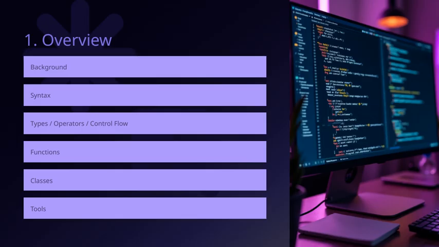We'll also examine functions, which are the building blocks of reusable code, followed by classes, which introduce object-oriented programming concepts. Lastly, we'll touch on some useful tools that can help streamline our development process. This overview sets the stage for a comprehensive understanding of the core elements that make up this programming approach, tying everything back to the overall theme of mastering the language efficiently and effectively.